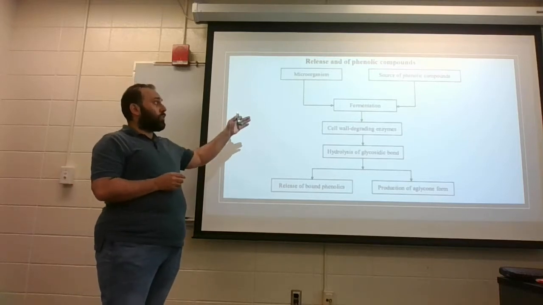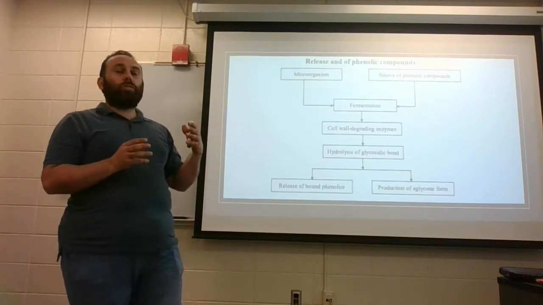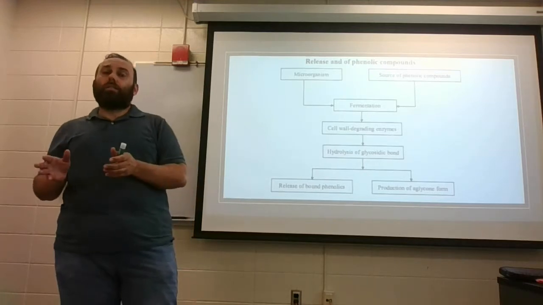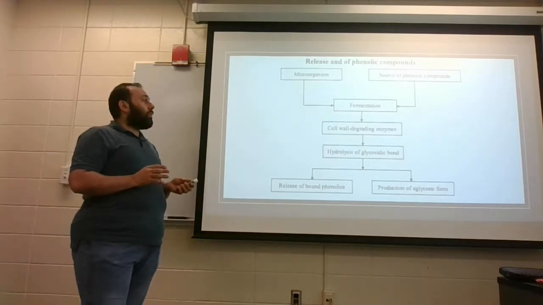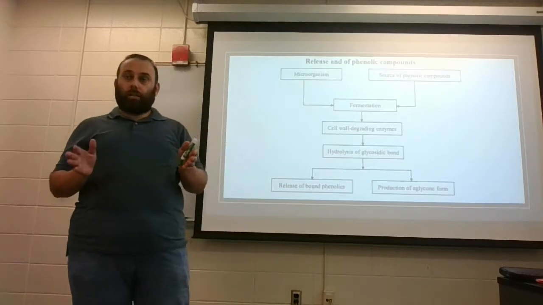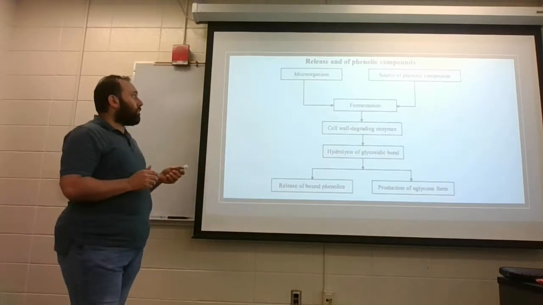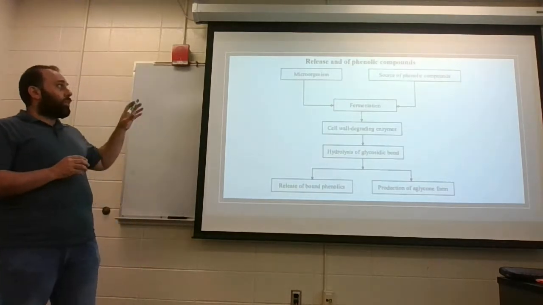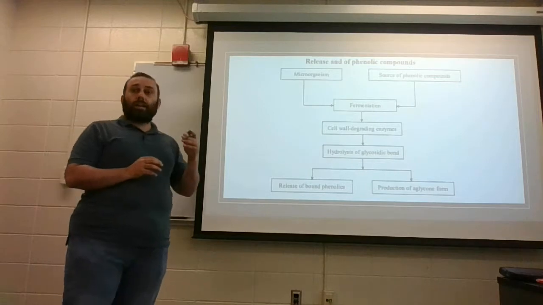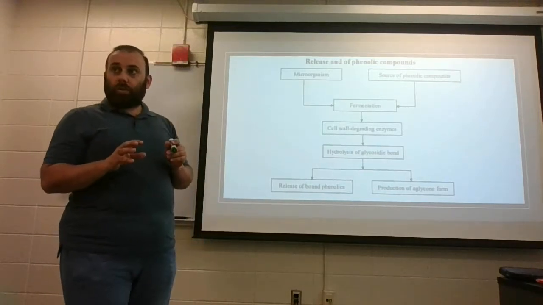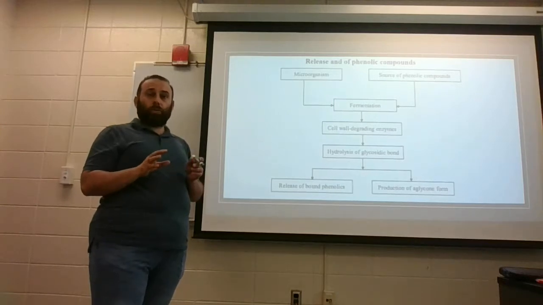Fermentation includes microorganisms such as bacteria and fungi, different species, incubated for a while, which then release these phenolic compounds. The phenolic compounds are secondary metabolites produced in the plant by specific pathways.